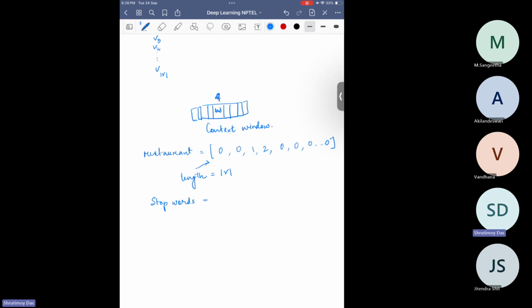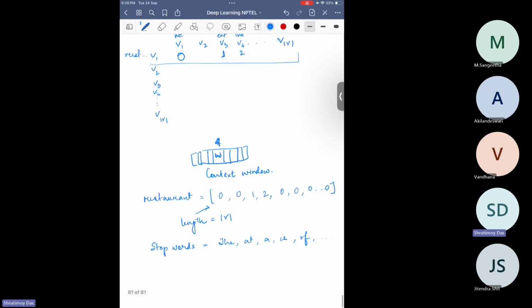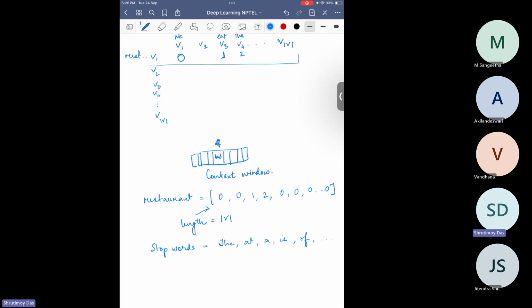Stop words are, for example, the, that, a, is, of, and so on. These types of words do not give us any new information, so we are not bothered about them, and we can remove them.